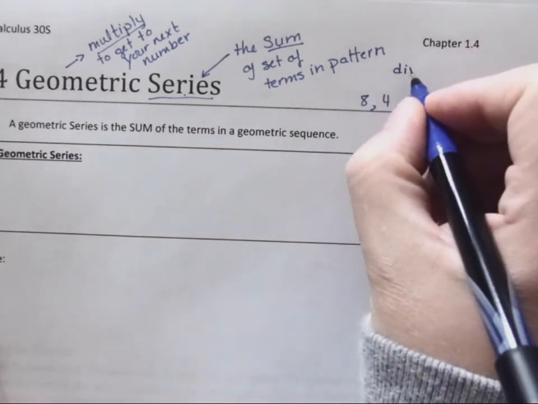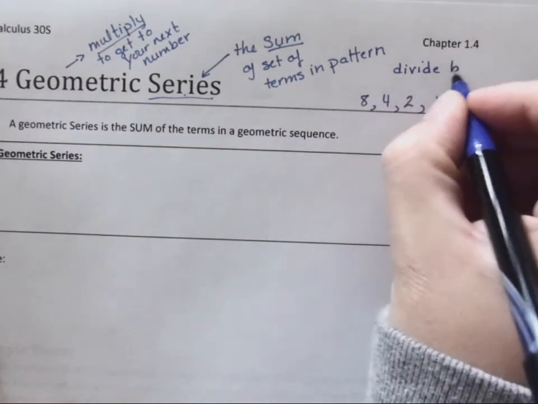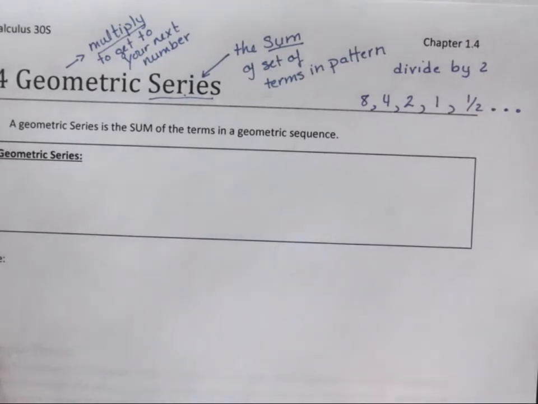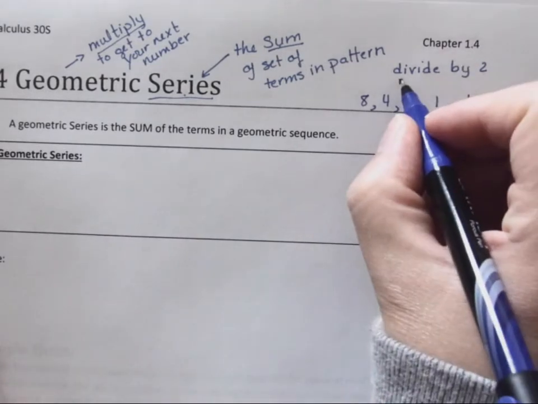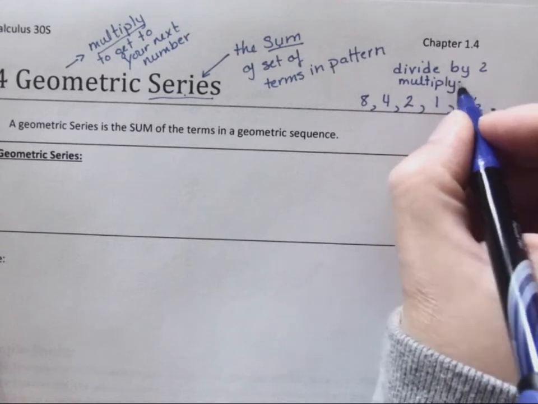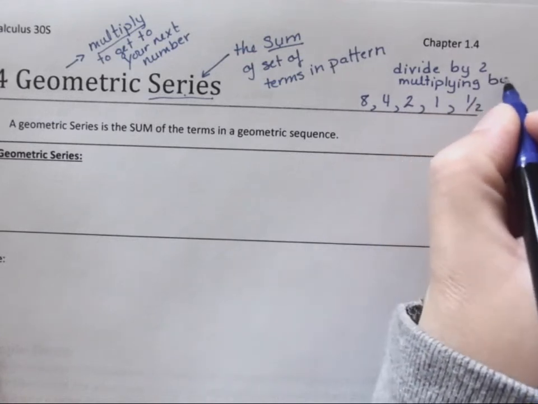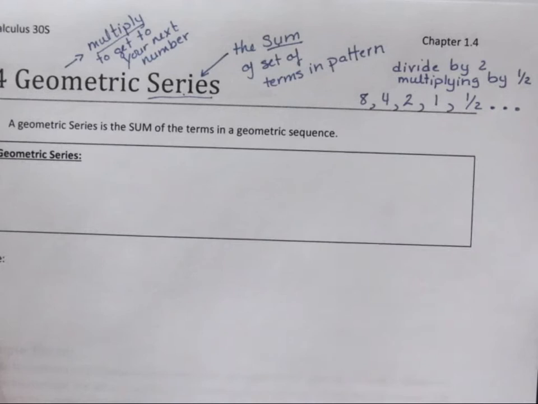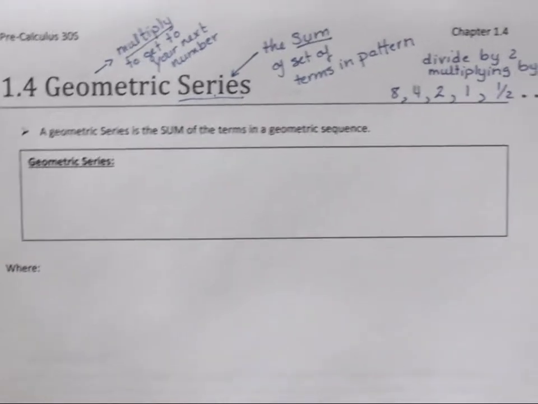So in words, we're saying we divide by 2 to get to the next number, which is the exact same thing as saying we are multiplying by 1/2. So we're still doing the exact same thing. We still get the exact same result. 8 times 1/2 gives me 4. 4 times 1/2 gives me 2. So remember, we're always doing this in the context of multiplying.